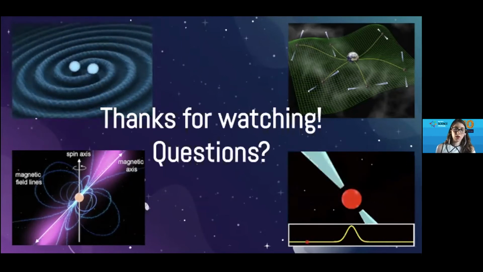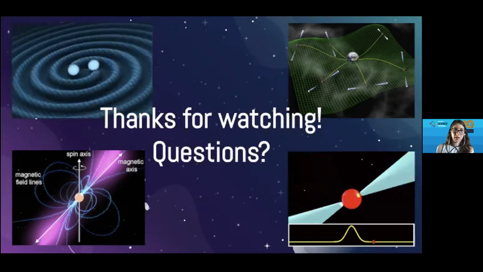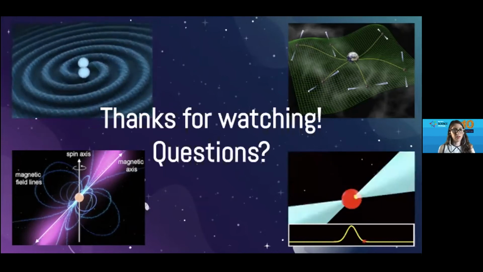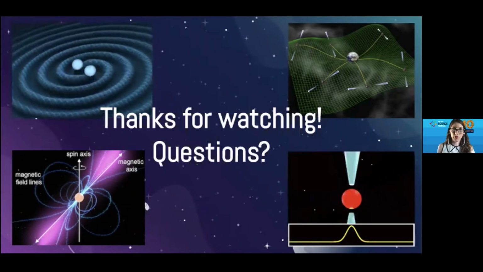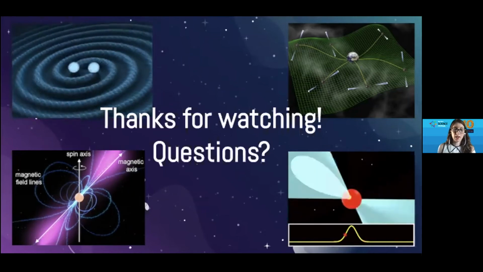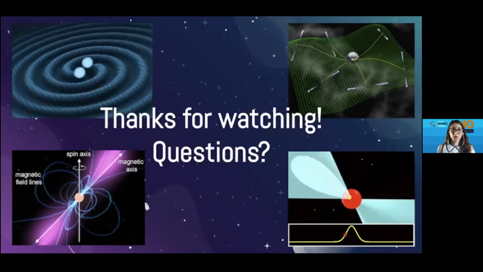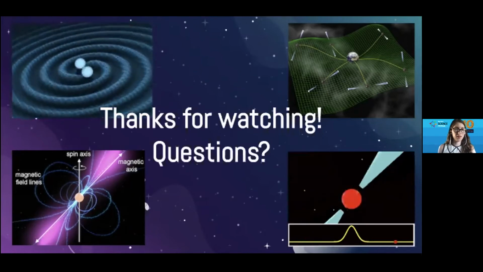But if it were on a collision course, basically, if it had an unstable orbit, then the black hole, I think, would combine with the neutron star. We've never observed that happening, so we don't really know exactly what would happen.